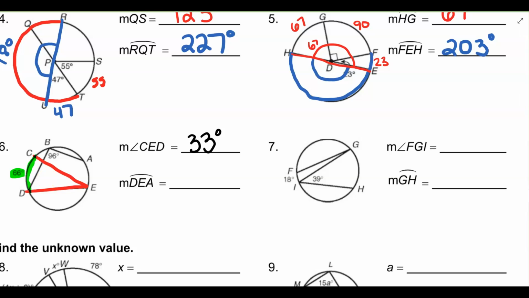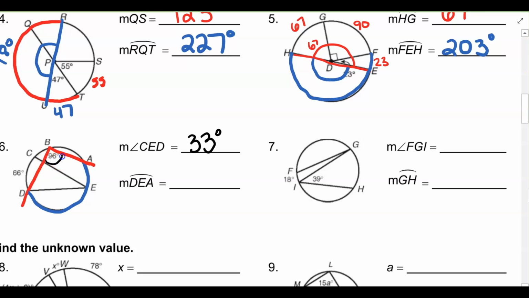Next, they want the measure of arc DEA. So arc DEA encompasses this entire space, and now I can look to this inscribed angle, DBA. Since this arc fits completely inside of that angle, no more, no less, I know that there's a relationship.